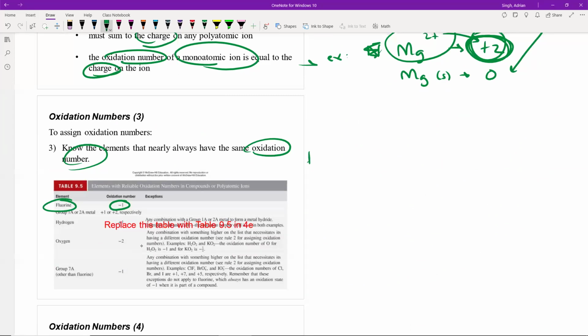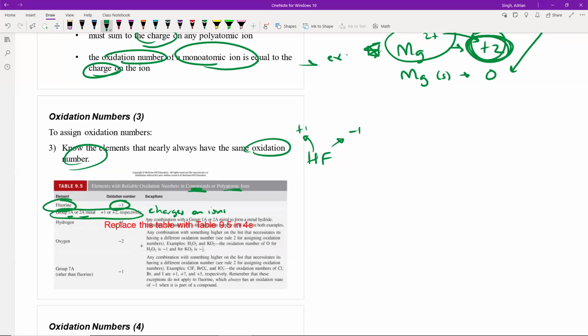So in the case of HF, F here is going to be -1, and if this is an overall neutral thing, then we know the H has to be +1 to cancel out to give you 0. For the group 1A or group 2A metals, when you find them in a compound or a polyatomic ion, the group 1A are going to be +1, the group 2A are going to be +2, because those are the charges on their ions.